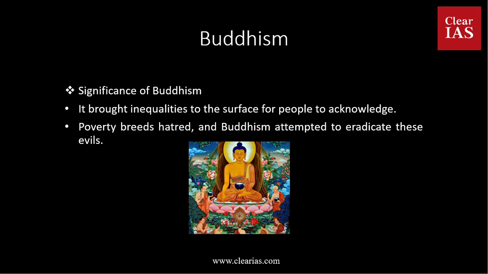In the next lectures, we are going to look at some more aspects of Jainism and Buddhism which have not been covered in this lecture, and we are also going to look at some of the previous years' papers which have looked at Buddhism and Jainism and how these two areas are very scoring in nature. These are the themes and questions that we will be looking at in the next section.